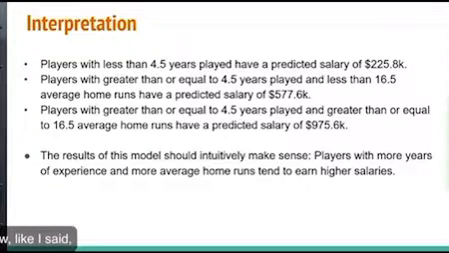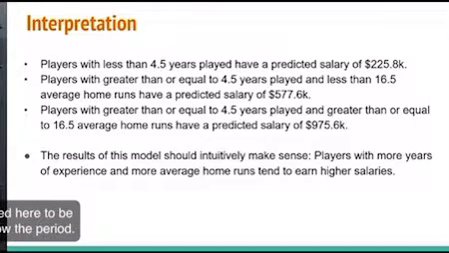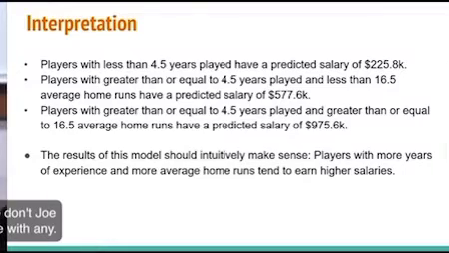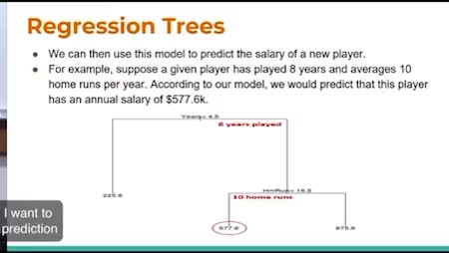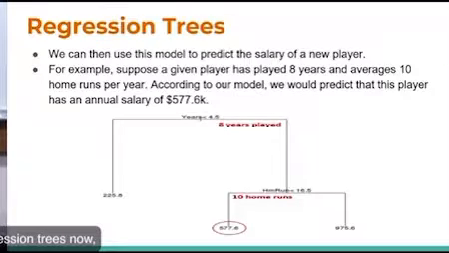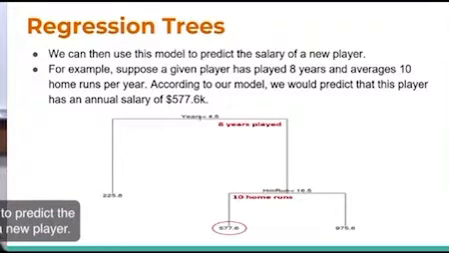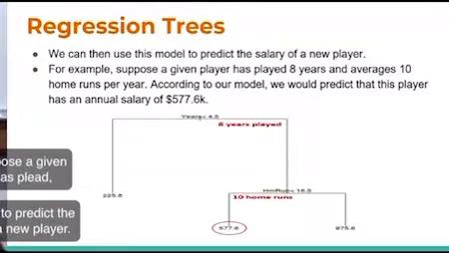Now, like I said, variable importance is very much needed here to be able to know the predictor we're going to start with. We don't just start with any. Now, if I want to make a prediction using these regression trees, we can use this model to predict the salary of a new player.